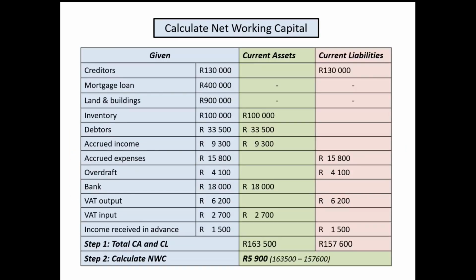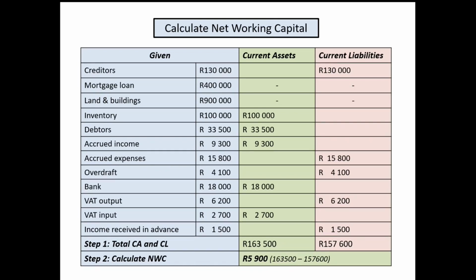Okay. Let's have a look at the last slide. And this is the third thing in this module that you are definitely getting in tests or exams. So what they give you is a number of accounts, in this case, creditors, mortgage loan, land and buildings, inventory, debtors, accrued income, accrued expenses, overdraft, bank, VAT output, VAT input, and income received in advance.